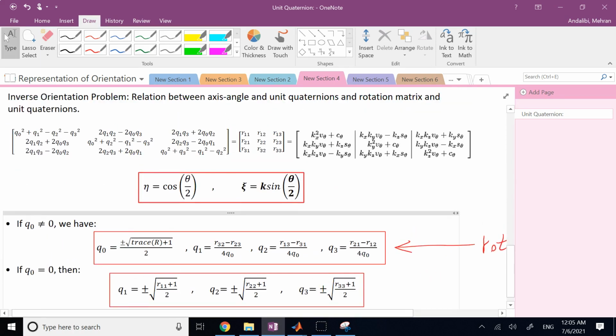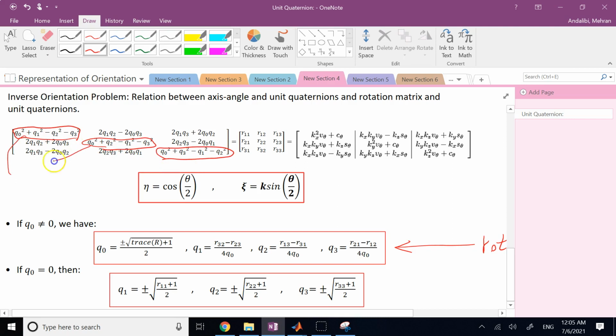Again, I guess that's not a big deal to show this, because last time, if you remember, I added the three diagonal elements together. I found the trace. And if you remember, when I calculated the trace for you, it was 4Q0 squared minus 1.